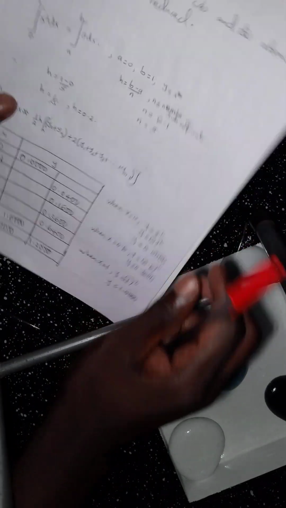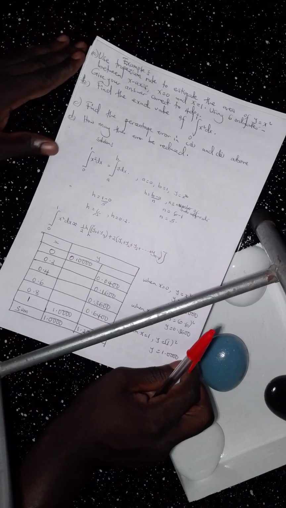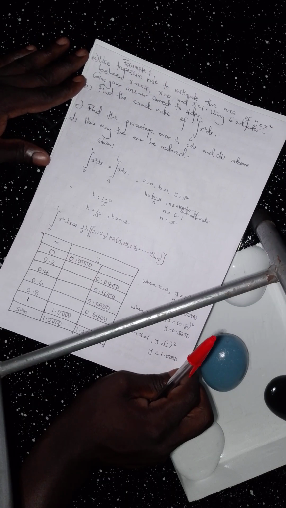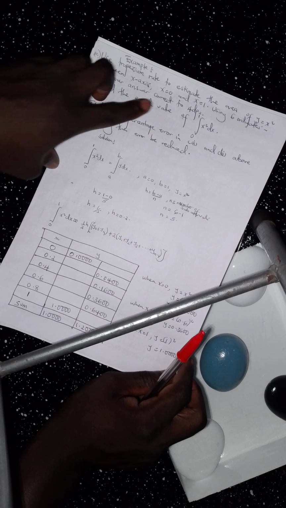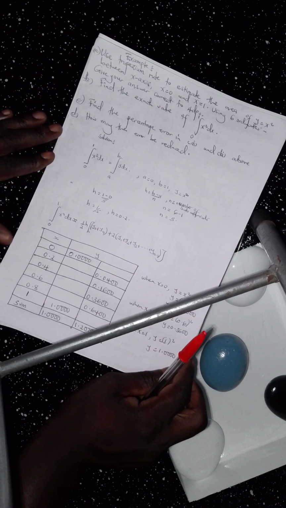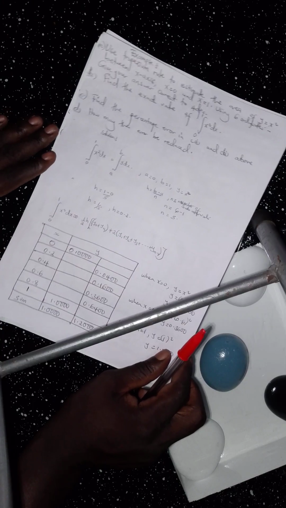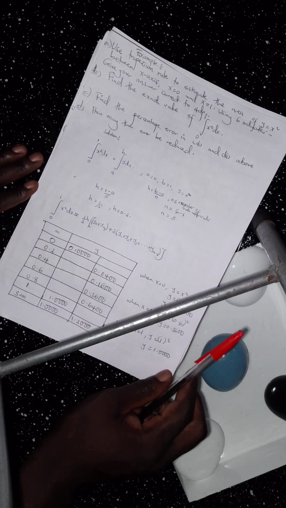So if that is to happen, then they will give it in this sense. The question may read, use trapezium rule to estimate the area of y is equal to x squared between the x-axis, x is equal to 0 and x is equal to 1, using 6 ordinates, and you give your answer to some number of decimal places.